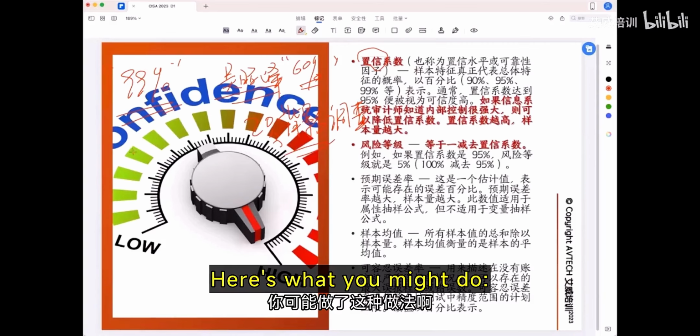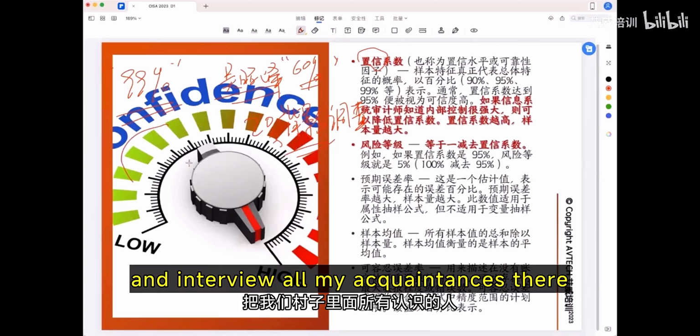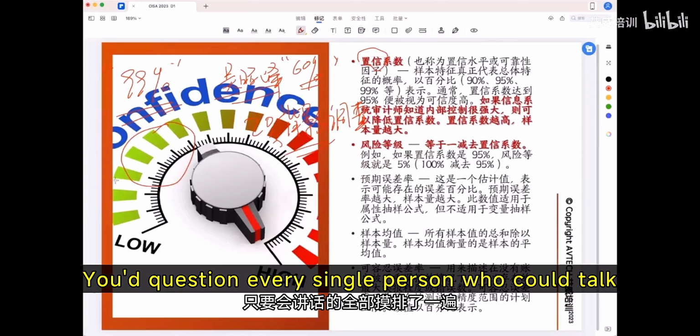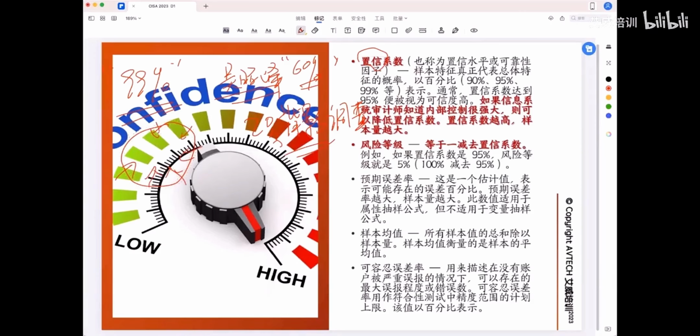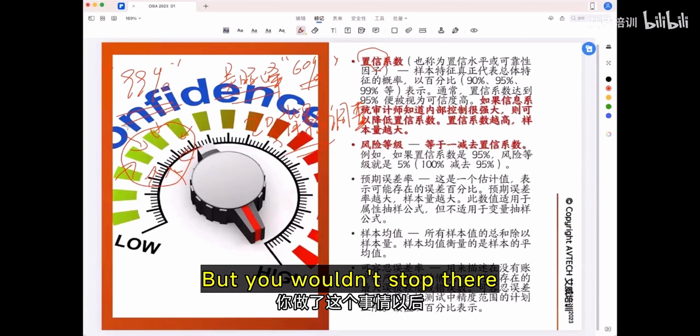Here's what you might do. You'd visit the village where I was stationed and interview all my acquaintances there. Wouldn't you? You'd question every single person who could talk, asking about their experiences with me and any questionable behavior. But you wouldn't stop there.